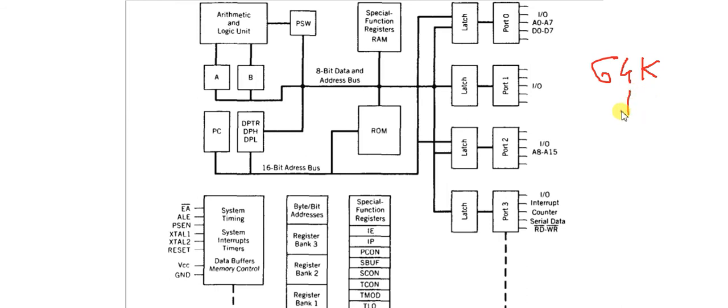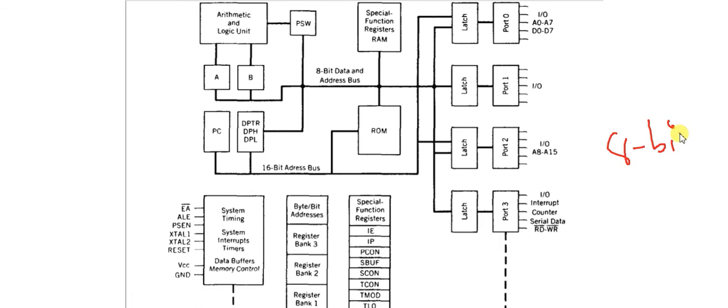To access 64K of memory, we require 2 raised to 16 address lines, so we need 16 address lines. That's why 8 address lines come from port 0 and another 8 address lines come from port 2. And as we all know, this is an 8-bit processor.